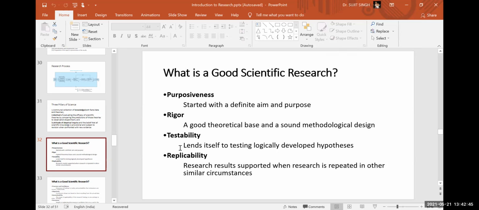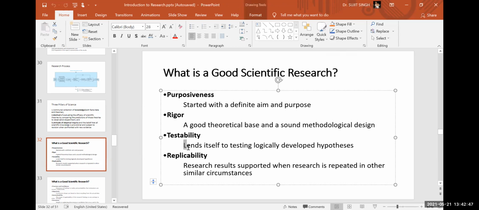Now, third one is the testability. That should be testable. This is not an opinion. This is a research. This is applicable to all persons. This is not a personal thing. And also, this can be replicated.